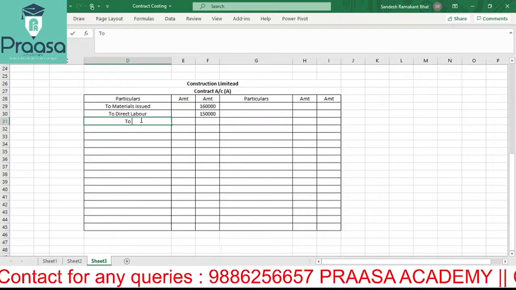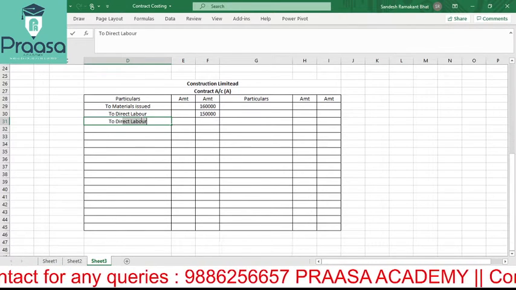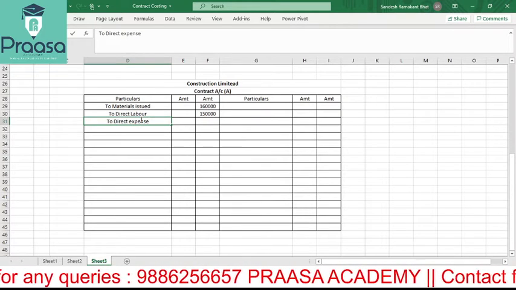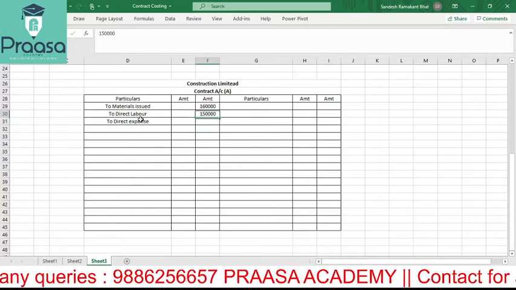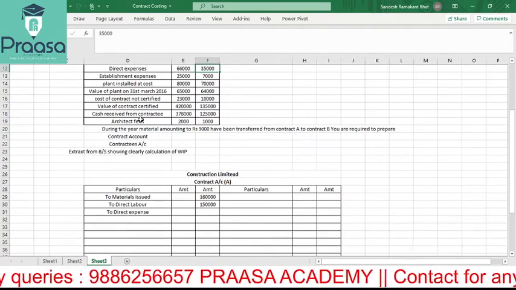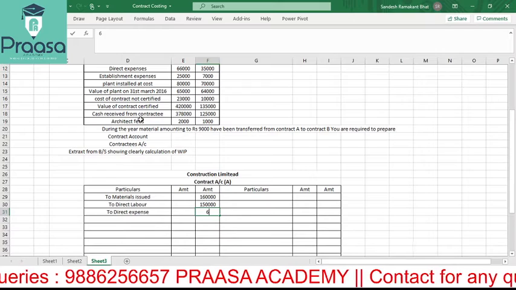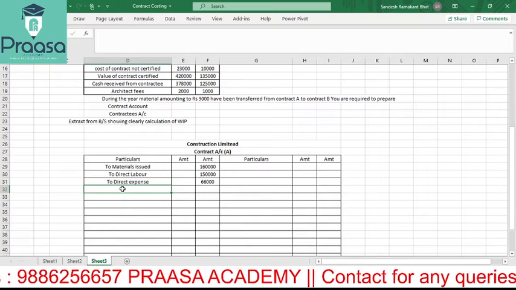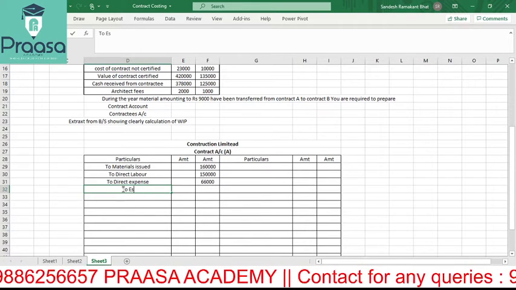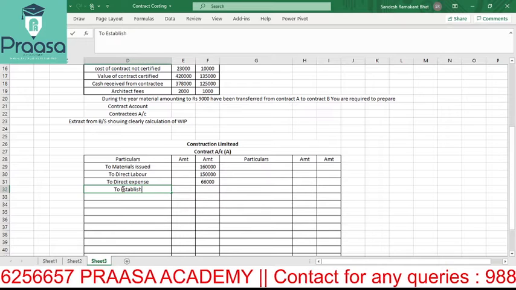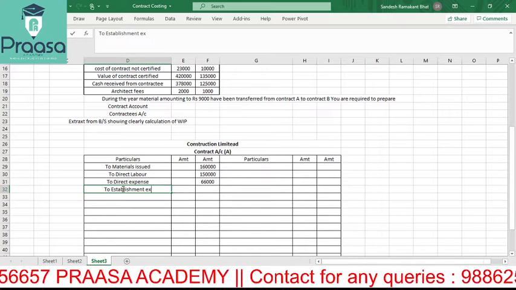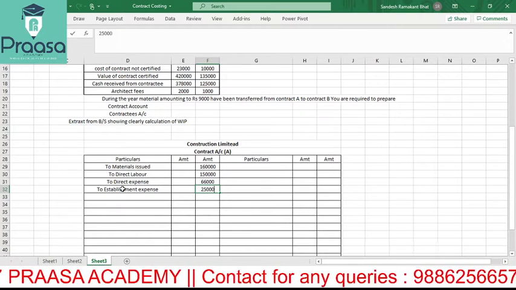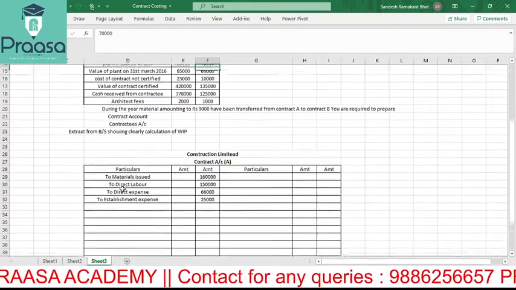Next, to direct expense as usual. How much have they given? Direct expense is 66,000. Then to establishment expense. How much? 25,000. Look at the question once.